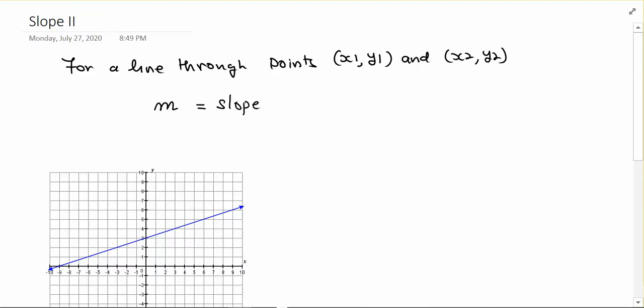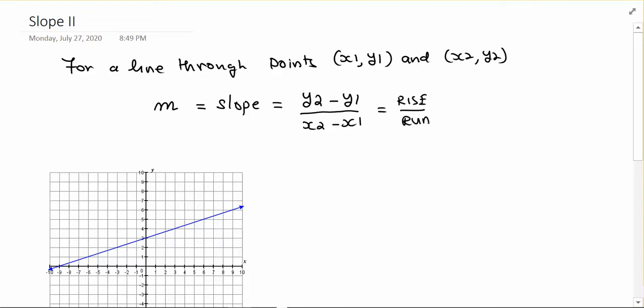Slope is equal to y2 minus y1 divided by x2 minus x1, also known as the rise over the run.